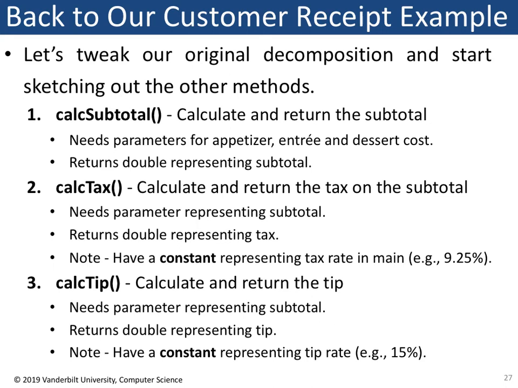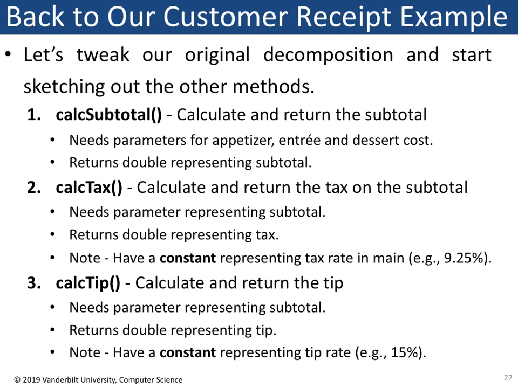We will continue to make use of class constants to store the tax rate. Then in the calc tip, we will calculate and return the tip to the main. We're going to need a parameter for the subtotal because it's going to need the subtotal to multiply by the tip rate, and we will return a double representing the tip.